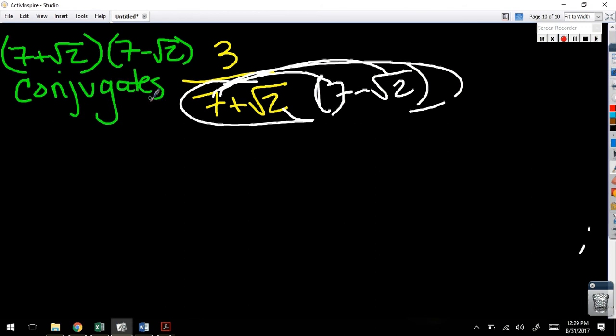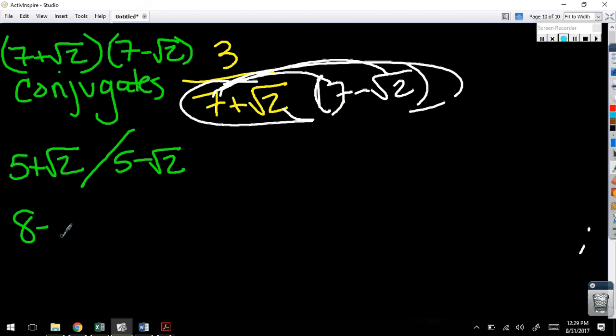Okay, and all it does is change that middle sign. So if I had 5 plus the square root of 2, what would the conjugate of that be? 5 minus square root of 2. If I had 8 minus the square root of 3, what's the conjugate? 8 plus square root of 3. Do you see?